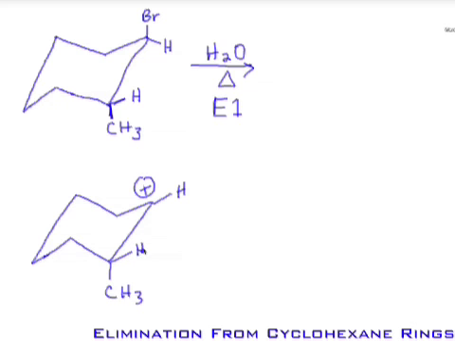Well, indeed, it is a secondary. There are 2 carbons, one here, attached to the carbon that bears the positive charge. So the carbon bearing the positive charge is secondary. Is there anything I can shift? Well, I can do a 1,2 hydride shift. If I do a 1,2 hydrogen shift of that hydrogen over, I will get this and this.